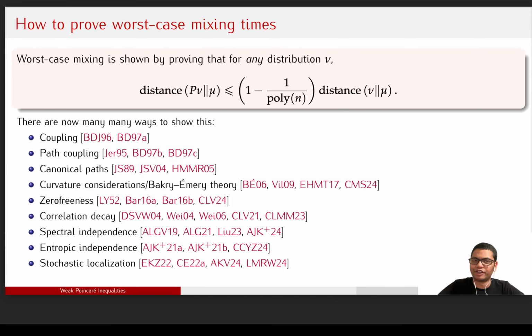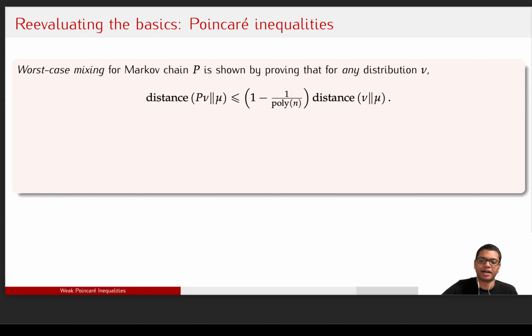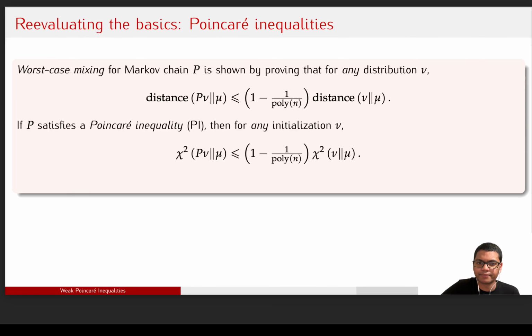Okay, so maybe let's be a little bit more concrete and talk about a particular popular distance function that is employed. And this would be the chi-square divergence. And this contraction in chi-square divergence is what is known as a Poincaré inequality.